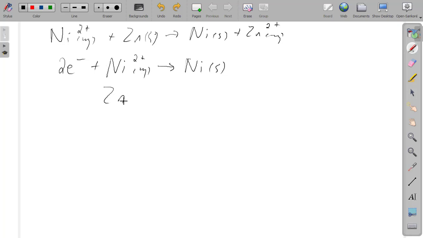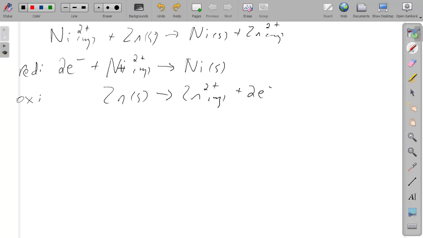For the zinc, we're going to generate Zn2+ aqueous, which means we're going to have to add electrons to this side. Now remember, when electrons are reactants, then this is the reduction half reaction. When electrons are products, this is the oxidation half reaction. So the nickel is being reduced, the zinc is being oxidized.